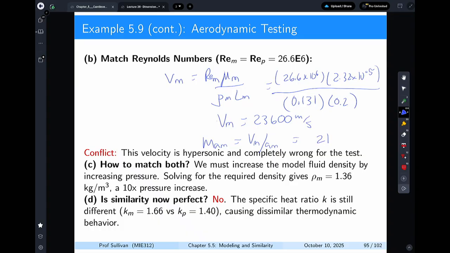This is hypersonic, which chemically becomes more complex and is absolutely ridiculous. And so I am not able to match conditions.